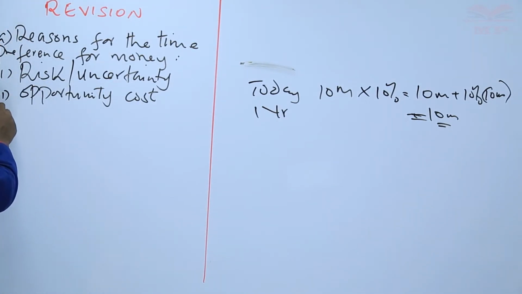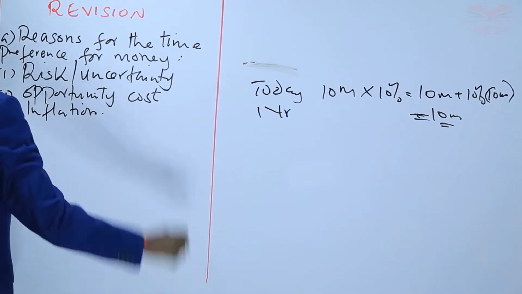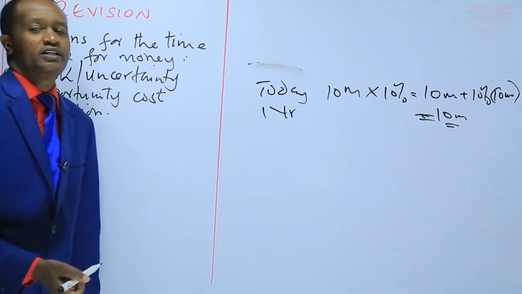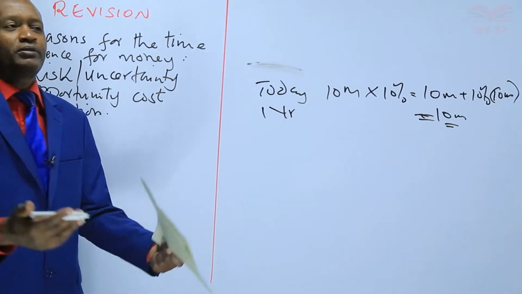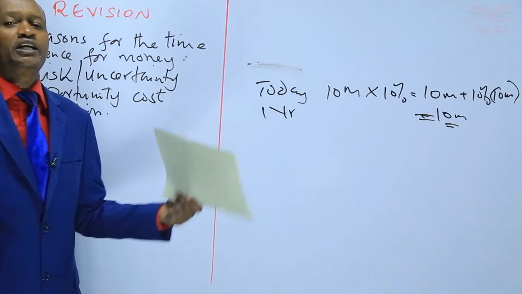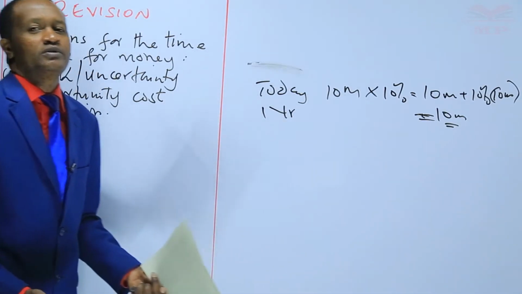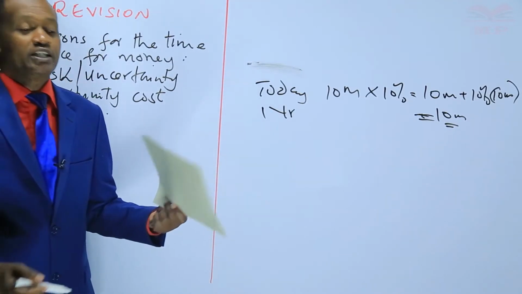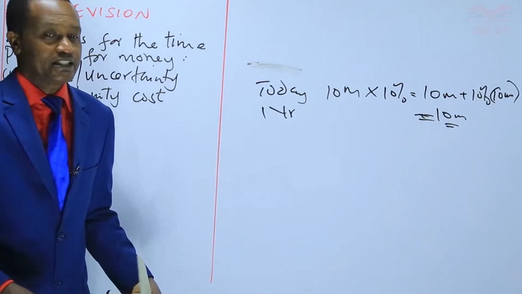Then number 3, inflation. Inflation is defined as the loss in value of money, or the persistent increases in prices of items over time. If you get the money now, you can convert that money into an asset that increases in value, for example, land.